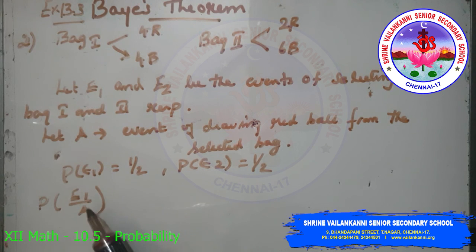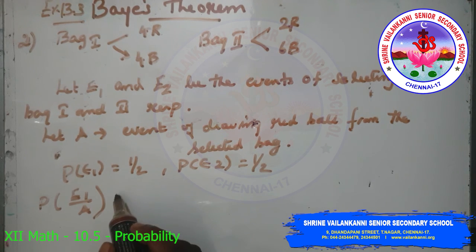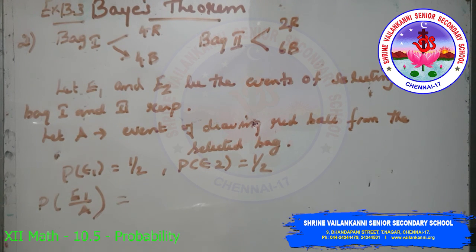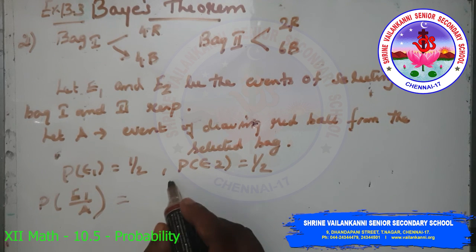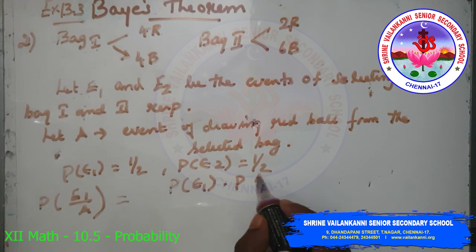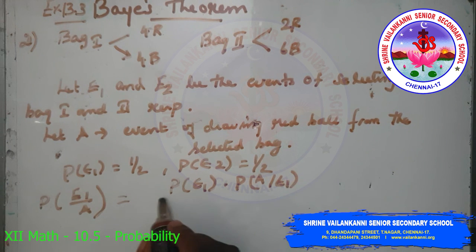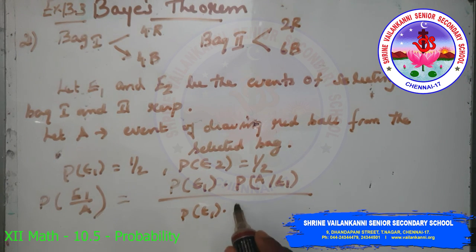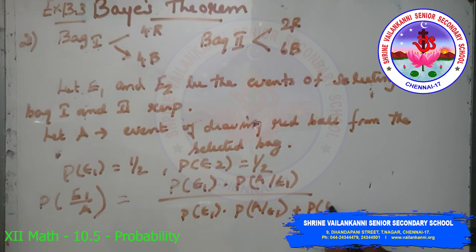So P of E1 by A, which is equal to P of E1 into P of A by E1 whole by P of E1 into P of A by E1 plus P of E2 into P of A by E2.